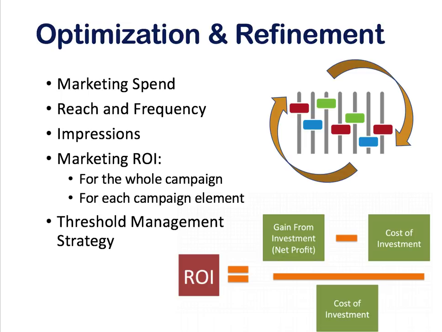The first one is, how much should we spend? And we look at how much should we spend in total, the whole marketing budget, if you will, and then how much should we spend within a particular category of the budget? How much did we spend on traditional media like TV and radio broadcast? How much did we spend in digital? How much did we spend in outdoor or promotions?